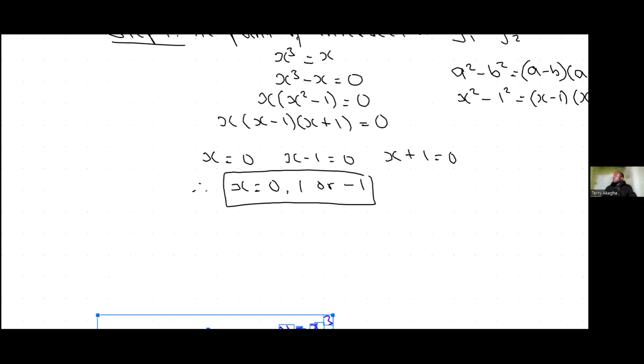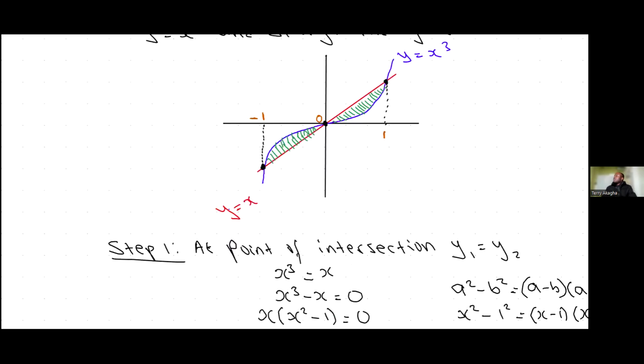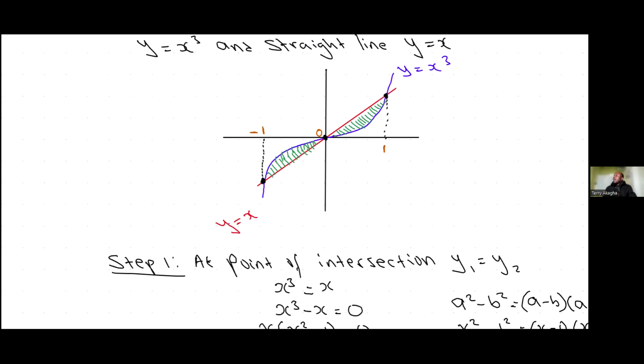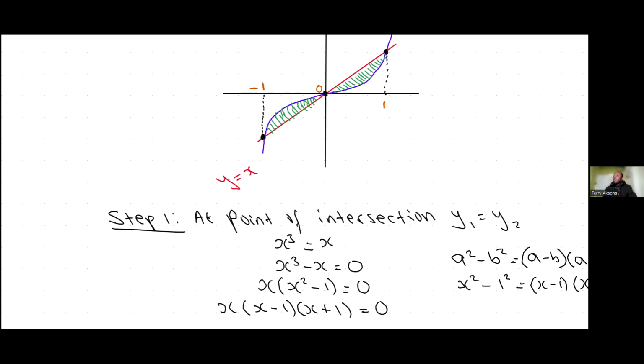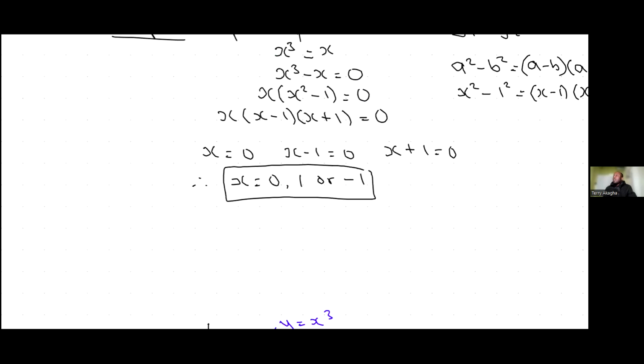Okay? So now, step 2, we then have to rewrite this with each of the what? Limits. So you can see that we have several limits here from 1 to minus 1. So for the curve, the limits we are having there is from 1 to minus 1.